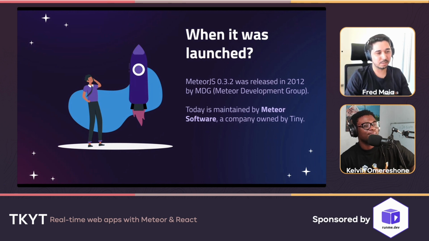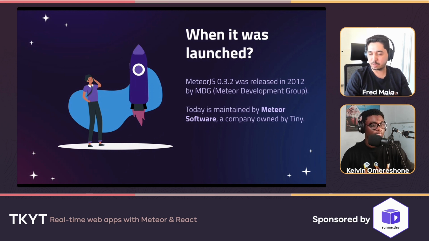That's also an interesting part of the story of Meteor JS. It was created by another company called Meteor Development Group, and today it is maintained by Meteor Software, a new company that is part of the Tiny Group. We used to call them MDG, and the guys from MDG are now the guys from Apollo.